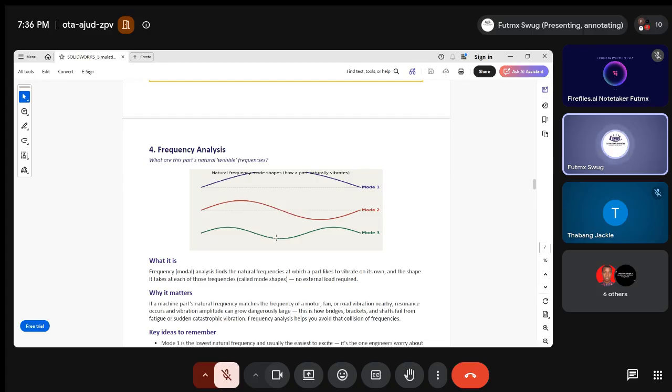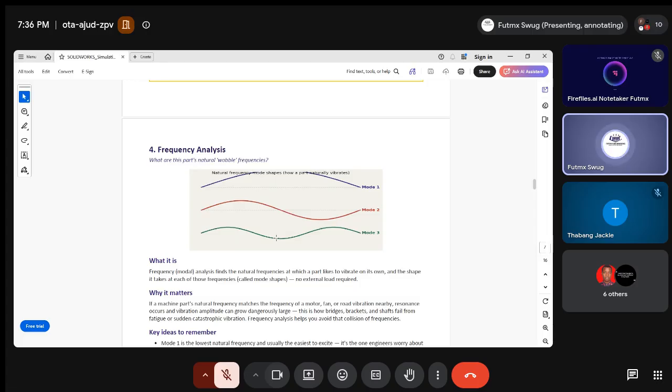For resource constrained environments like in space, where you have to deploy a CubeSat, there's a particular frequency, I think 100 hertz, above which your structure will begin to fail if it begins to resonate.